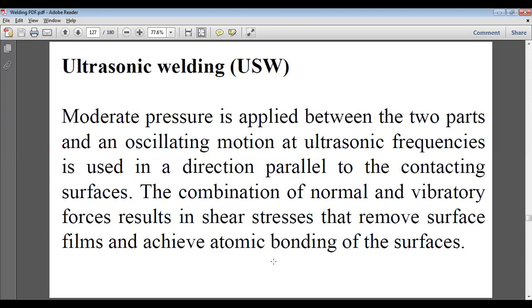Ultrasonic waves, and similarly electron beams, laser beams, etc., are used for producing high energy, and this high heat is converted into the heat of fusion.